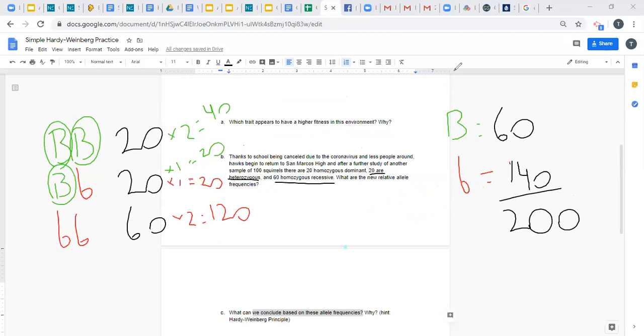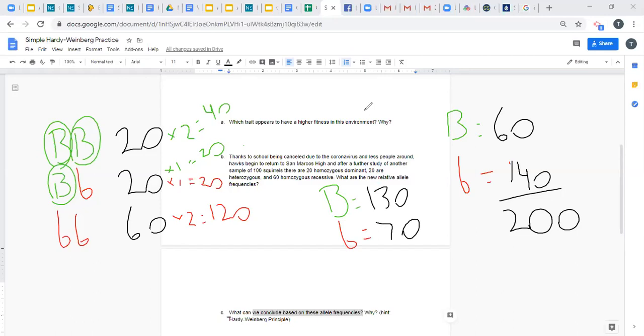But before that, let's take a look at what our old frequencies were. From our last problem, our big B was equal to 130, and our little b was equal to 70.